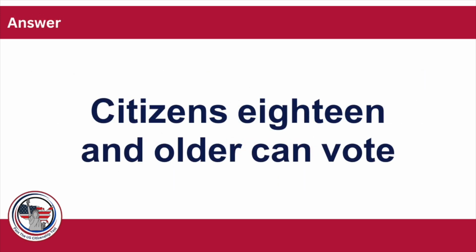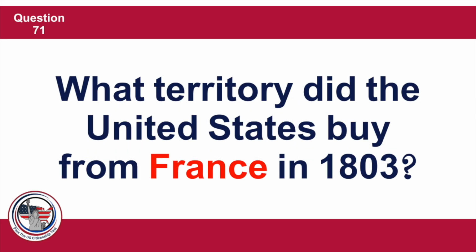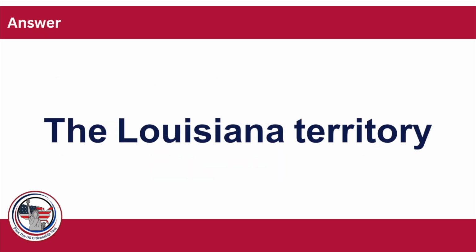Citizens 18 and older can vote. What territory did the United States buy from France in 1803? The Louisiana Territory.